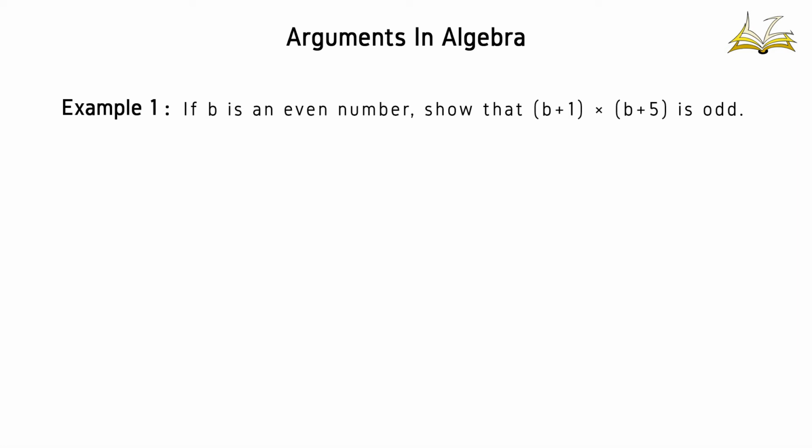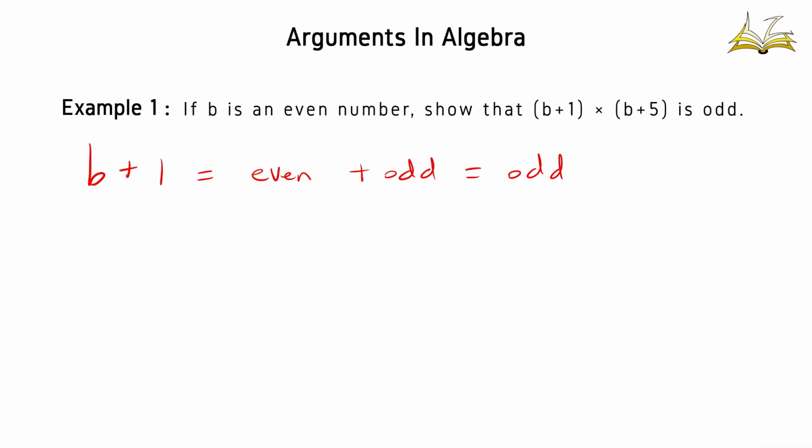This is fairly straightforward. We first look at b plus 1. And if we know that b is an even number, we technically have even plus odd, which you should know is odd. Okay.